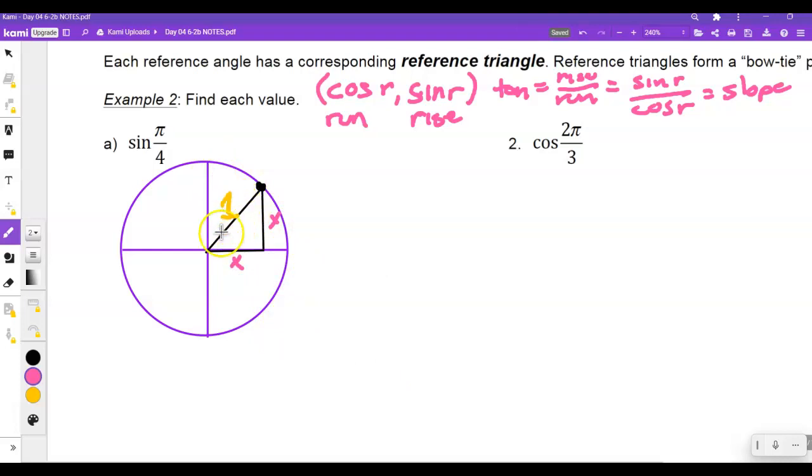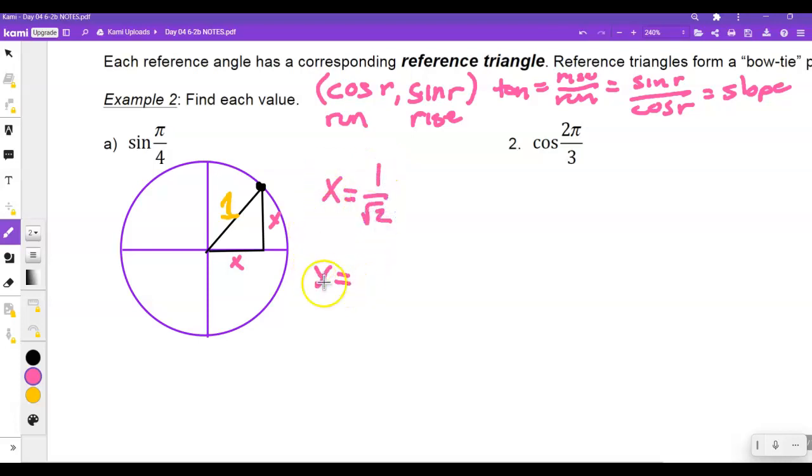So how do you go from hypotenuse to leg with a 45, 45, 90? Very close. Is it 1 times root 2? 1 over root 2. Because we're going from hypotenuse to leg. If we're going from leg to hypotenuse, it is multiplication.